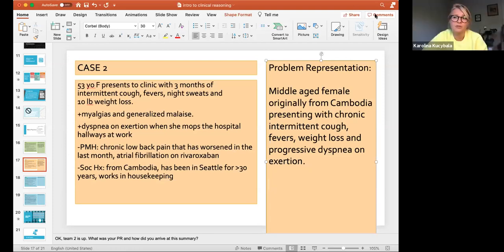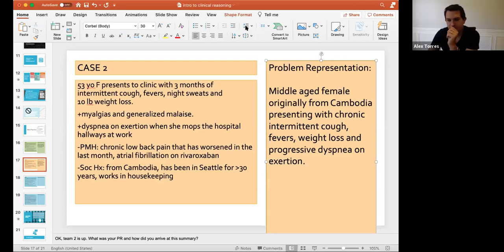I really like that point, Alex, that B symptoms maybe lead us down too quickly down the cancer route, but constitutional symptoms evokes more of a systemic illness.